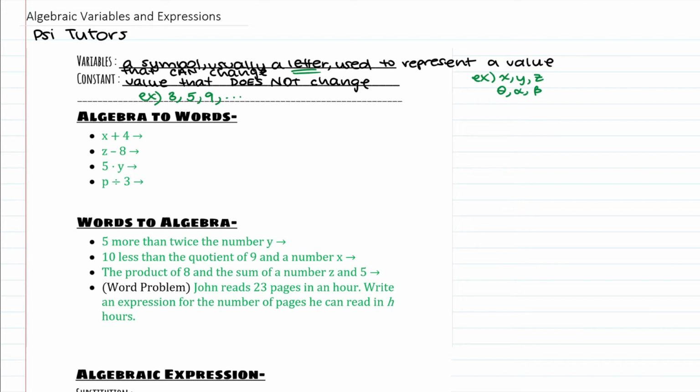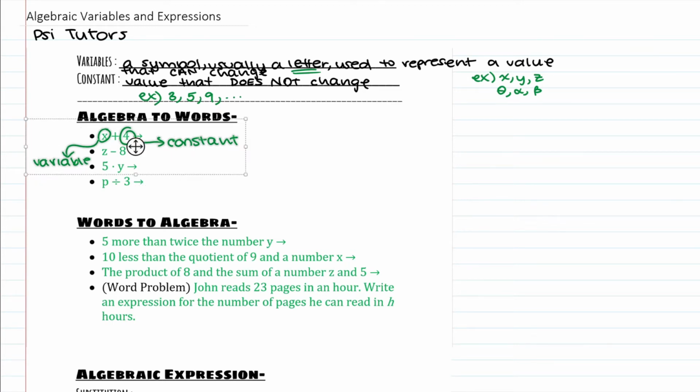So let's just look over here. This expression, x would be a variable in this case, and 4 would be a constant. Okay, so as you can see, 4 is just by itself, it's just a constant, and x, it's a letter, therefore it is a variable.